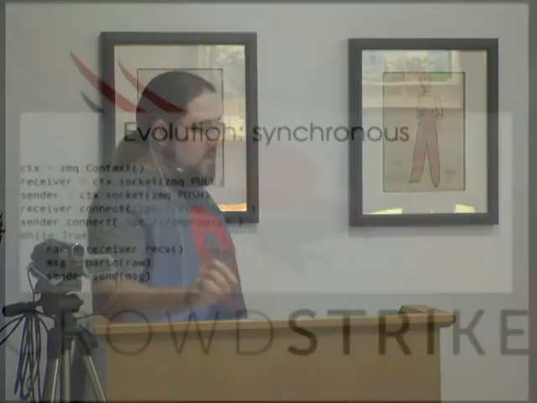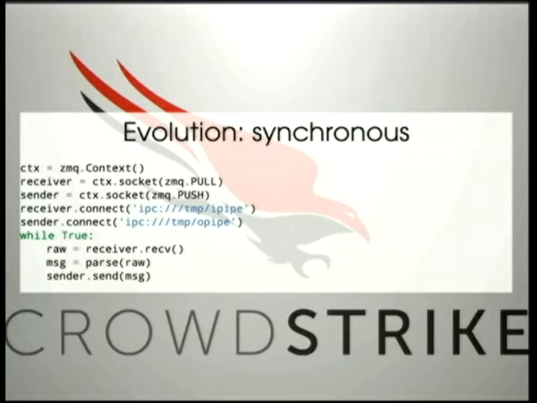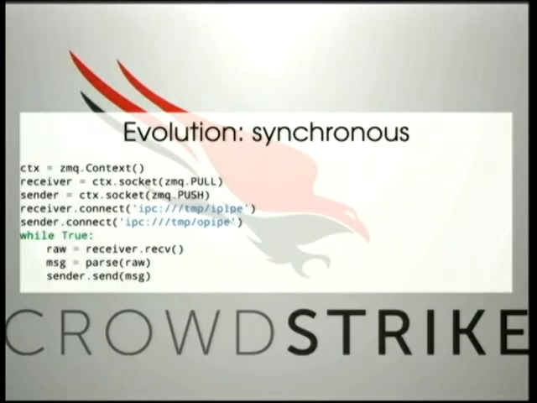So in each process or thread, you usually have this ZMQ context, and that context will basically have handles on any sockets that you want to communicate on. You give it the paths you want to connect to, what you want to bind, and then you just have this loop where you're waiting for somebody to come in on the socket, parse it, and then do whatever you need to with that message, and then send it on to the sending socket.